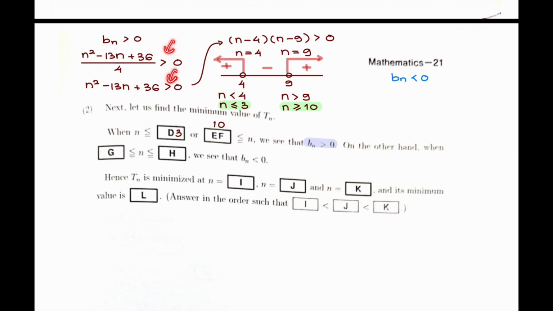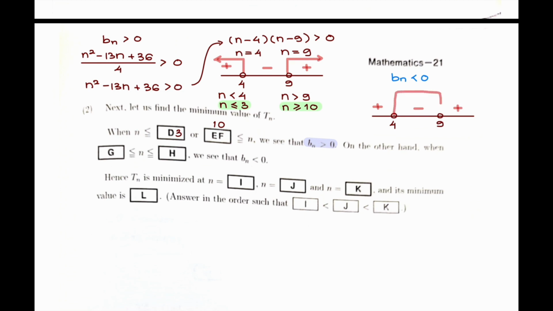So instead of greater than, the inequality here is less than. That means I can use the same number line, but instead of taking the positive region, in this case I will take the negative one. So I do not take the positive region, I will take the negative region as my final answer.